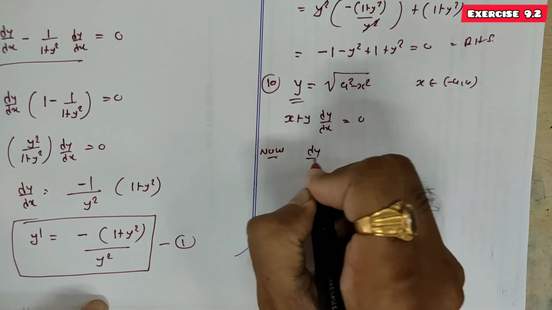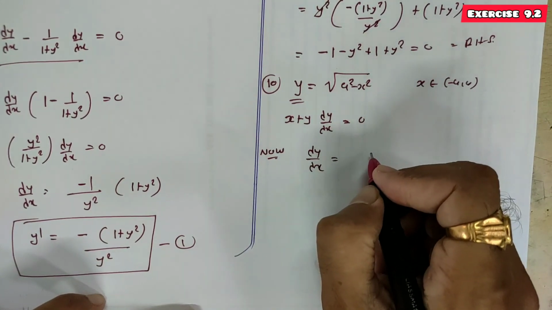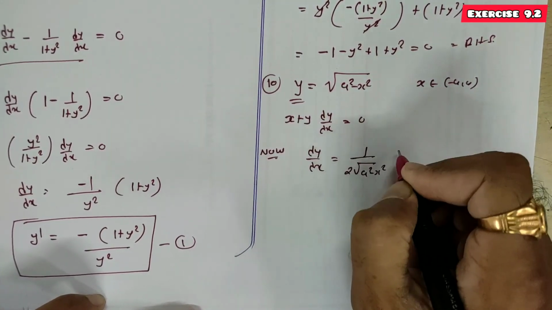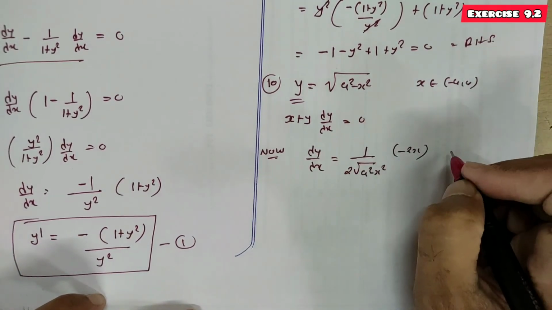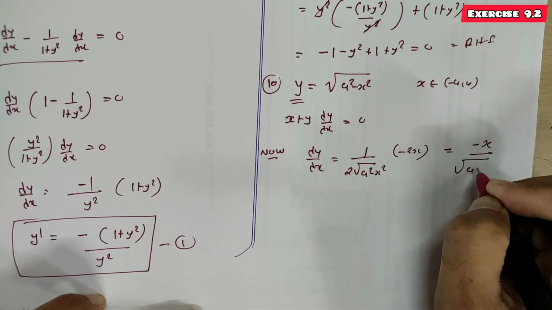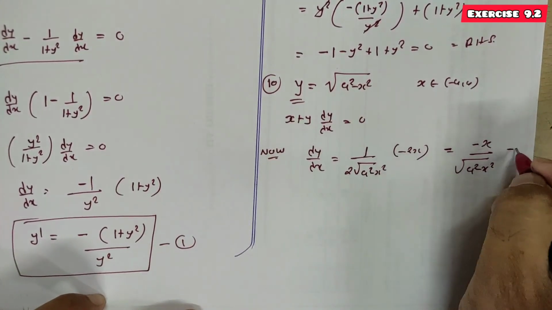So it's dy by dx equal to 1 upon 2 square root of a square minus x square into minus 2x, and that is equal to minus x upon square root of a square minus x square. So equation 1.